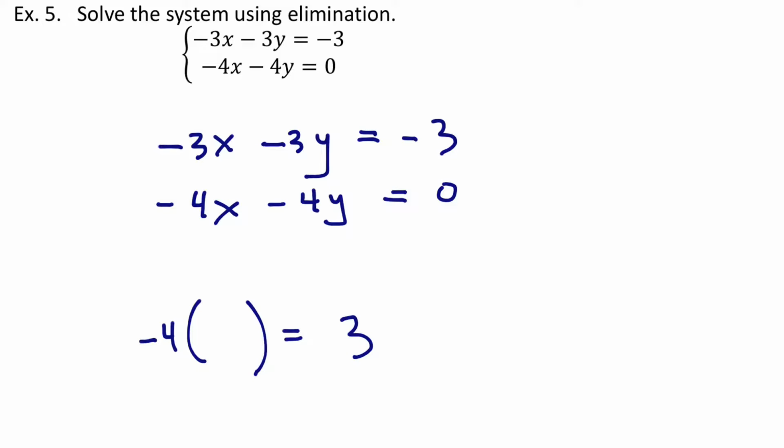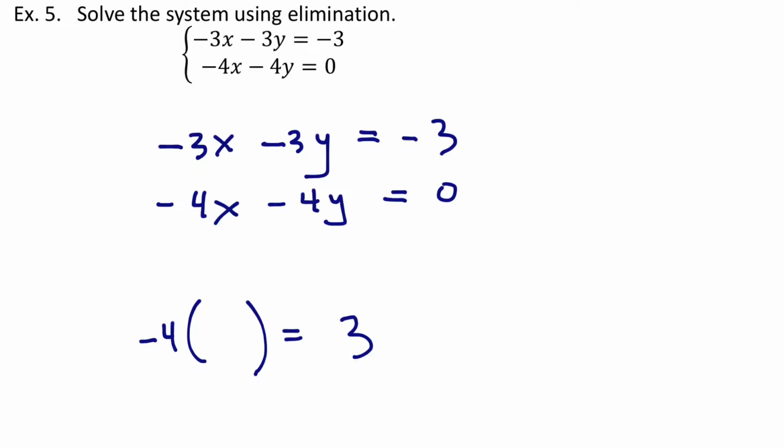So I'm just arbitrarily going to choose the bottom equation to work on, and I'm going to get the x terms to cancel out this time. So that means I need to figure out what I need to multiply negative 4 by to turn it into a positive 3, so that this will say 3x here, so that when I add negative 3x and 3x together, these two terms drop out.